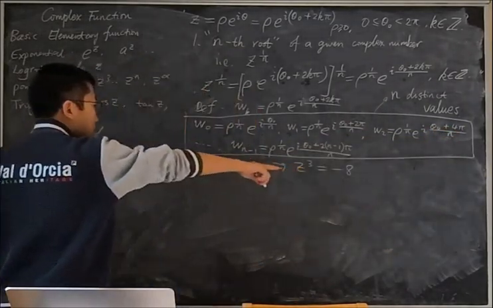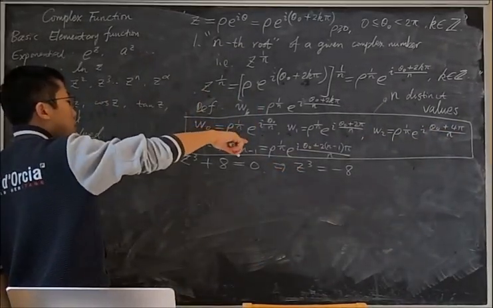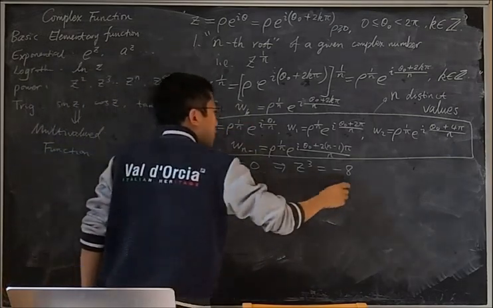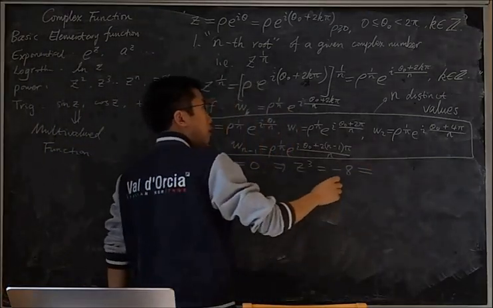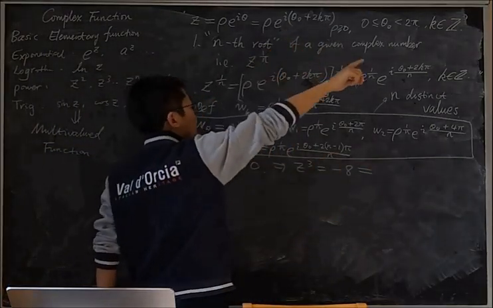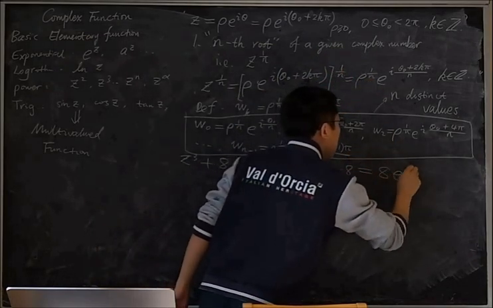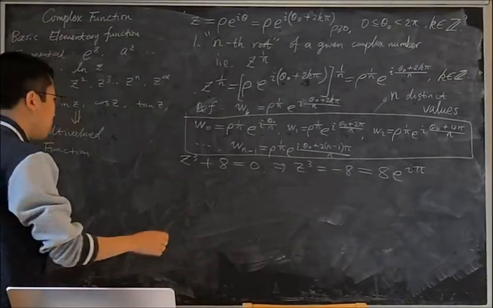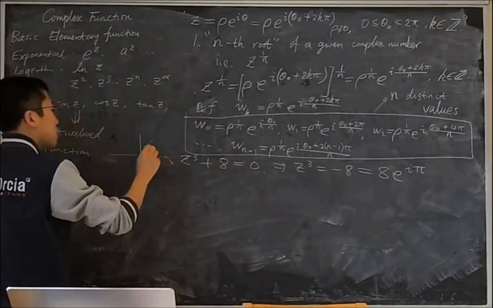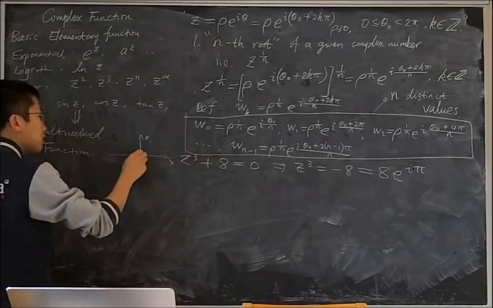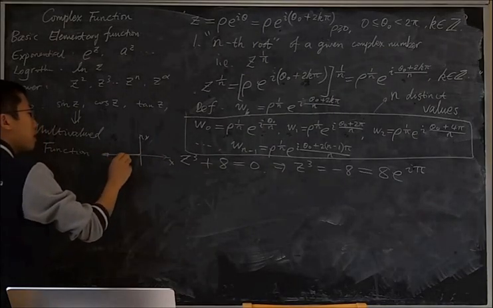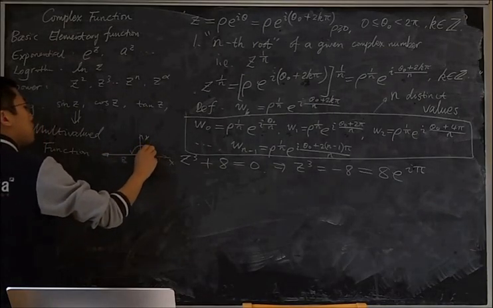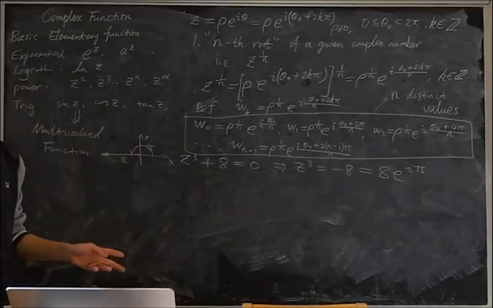To do this, the first step is to write this negative 8 in the standard polar form. We can just use the complex plane, this x and y. So negative 8 goes this way, so the length is 8, and the polar angle is obviously 180 degrees, that's pi radians.